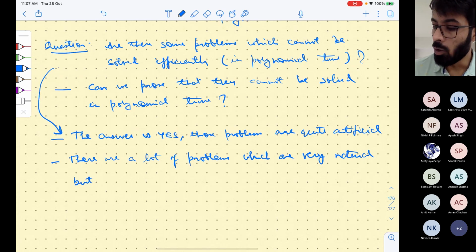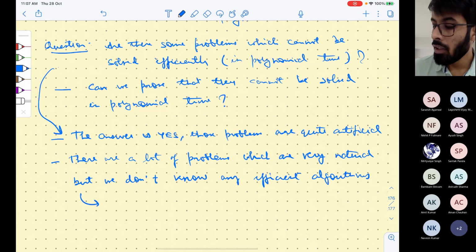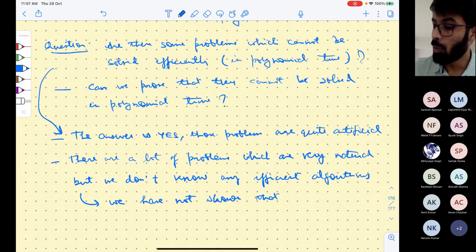But we don't know any efficient algorithms. On the other hand, we also don't know how to show, we have not proved, that they cannot have efficient algorithms.